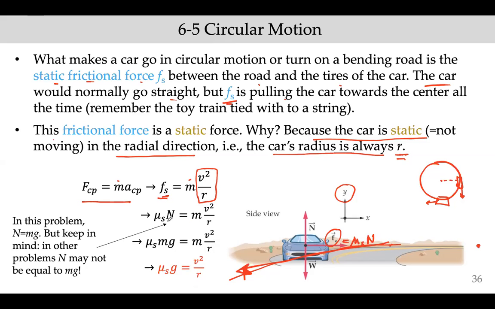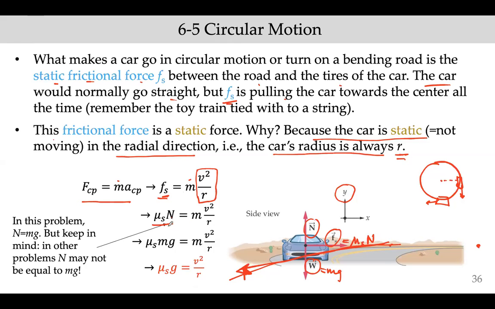Now, friction force is mu s times normal force. Okay, and this right-hand side is the same. Now, what is the normal force in this problem? If you look at it, there's no acceleration up or down, so you can use the shortcut. You can write F equals ma for y, but you can use the shortcut because there's no acceleration. You can say just n equals the weight. Weight is mg. There's no other force in the y direction, right? There's one up, which is normal force, and one down, which is mg, so they should be equal.